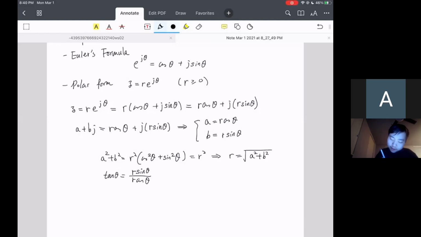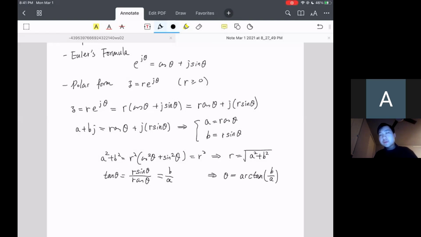Okay? And that is equal to b over a. And so theta is equal to arctangent b over a. Okay? This is just how we convert between the two forms.